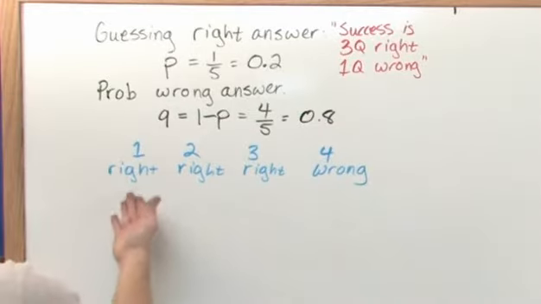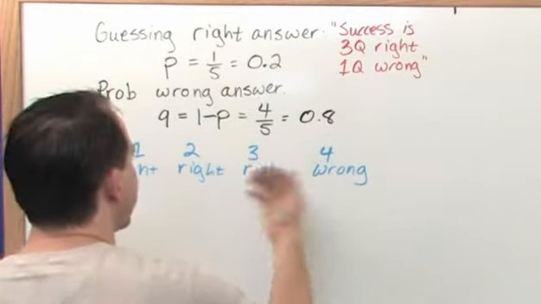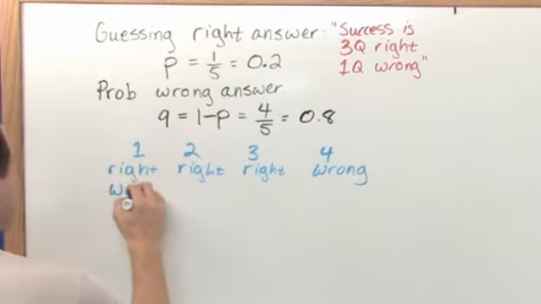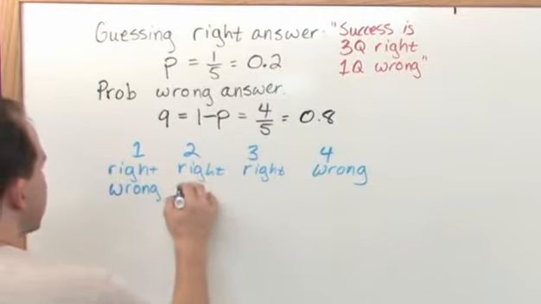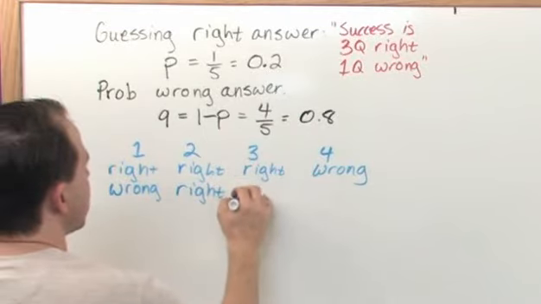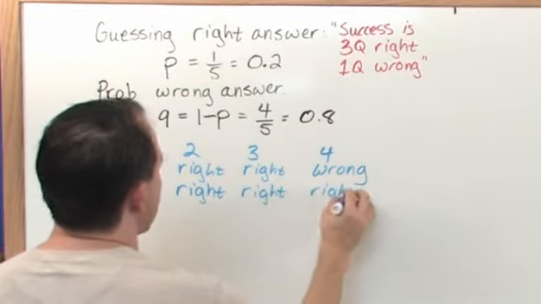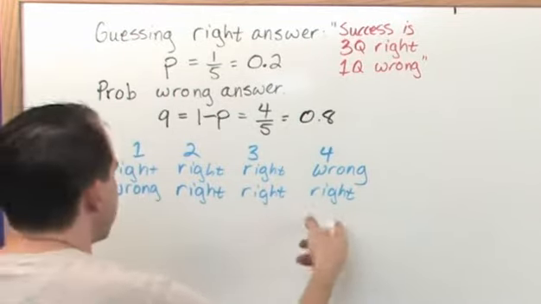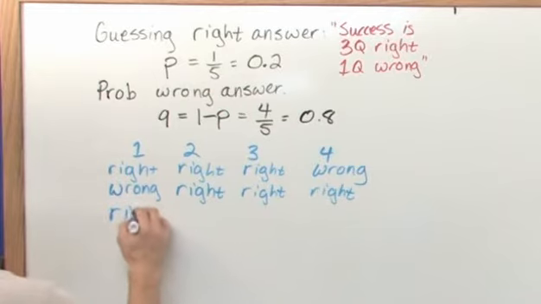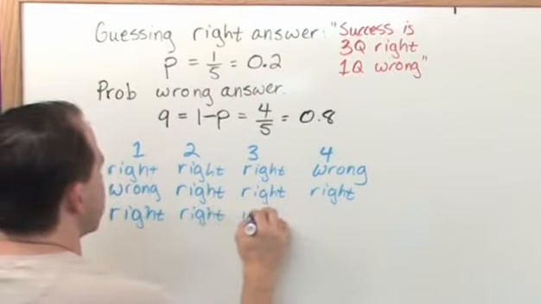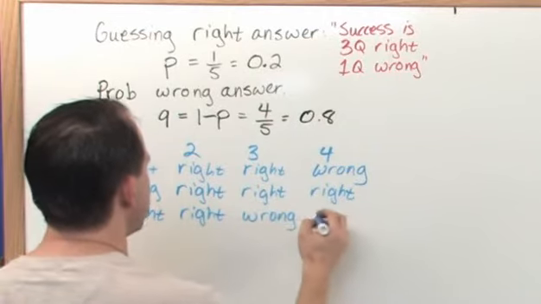So I could get the first one right, the second right, the third right, and the fourth wrong. But I think you'd also agree that I could get the first one wrong, and then right, right, and right. Or I could have something crazy like right, right, wrong. I promise there's a point to this. Right.